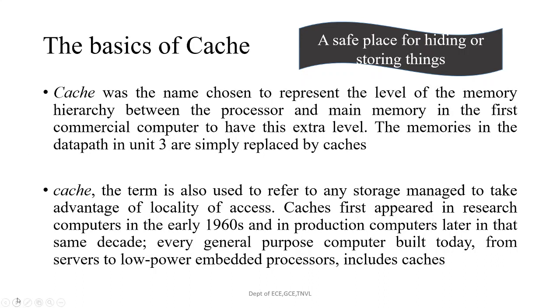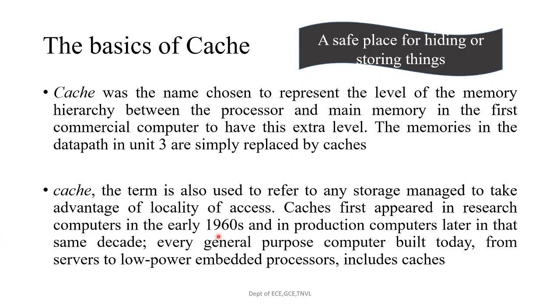So, the basics of cache. Cache was the name chosen to represent the level of the memory hierarchy between the processor and the main memory in the first commercial computer to have this extra level. The memories in the data path, which we discussed in Unit 3, are simply replaced by caches.